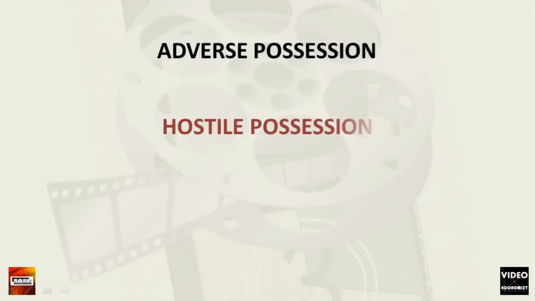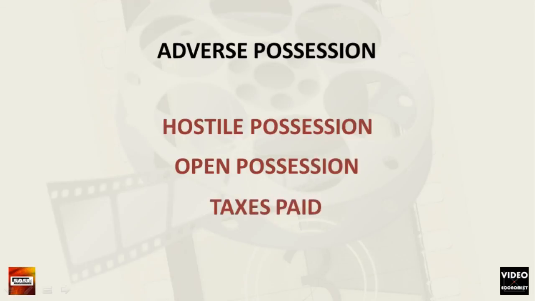Adverse possession may be hostile, or it could just simply be open possession without permission, and also may include taxation, because if taxes are not paid on the property, the municipality or the county can take that property over for lack of taxes being paid.